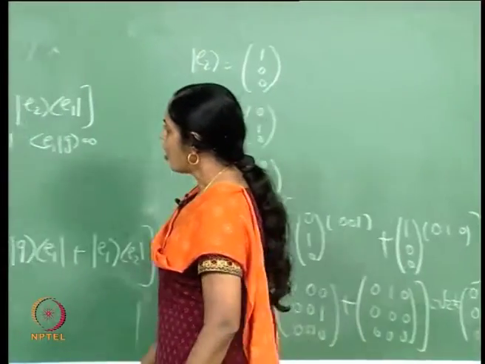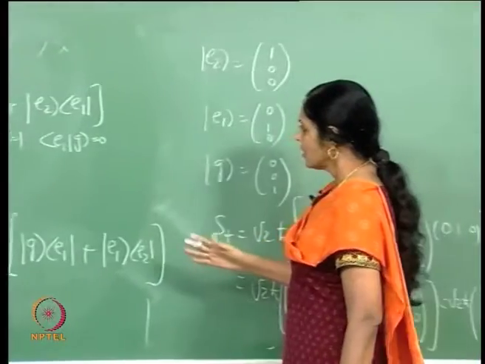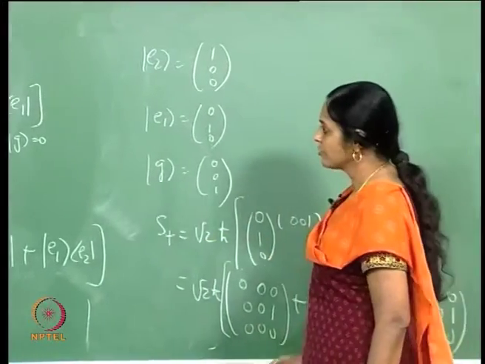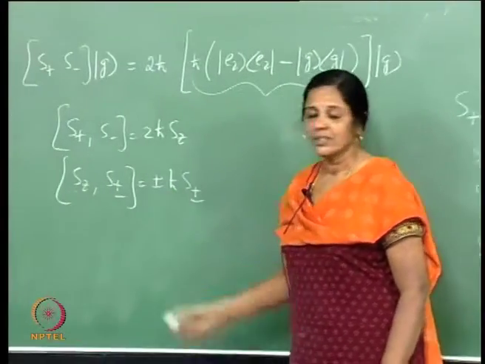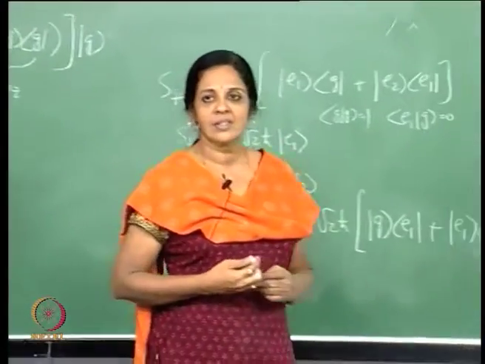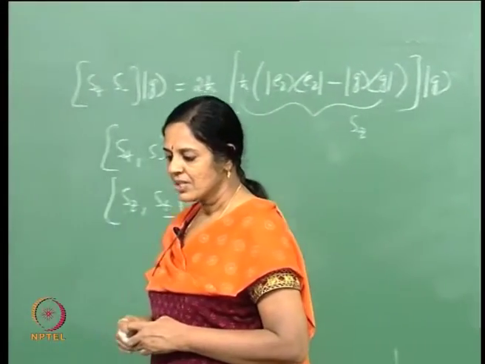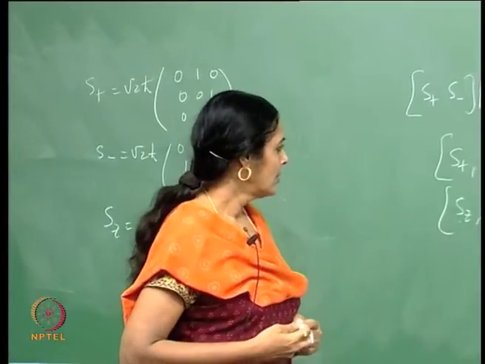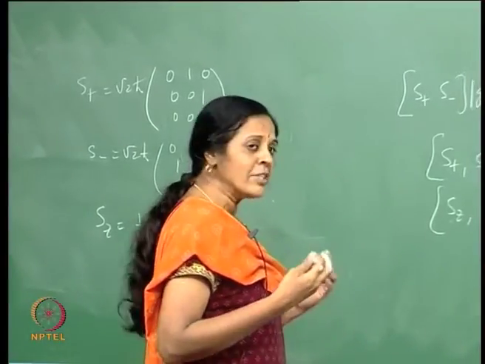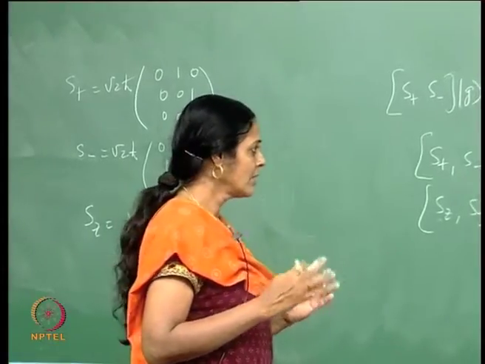Construct operators the way I have done, find out the matrix representation for these operators, and this algebra will be satisfied in any case. So, with multi-level atoms, I could create for you an SU2 Lie algebra. The dimension of the matrix is governed by the dimension of the linear vector space.